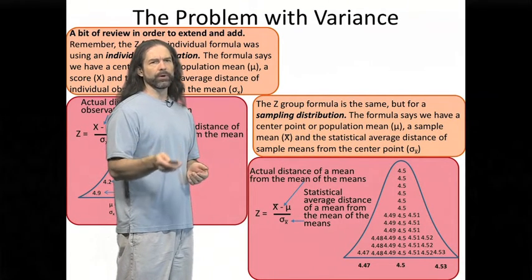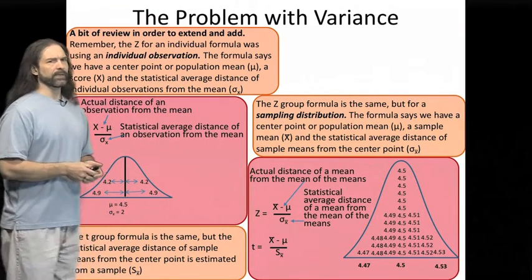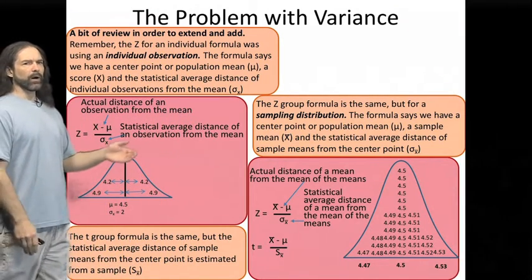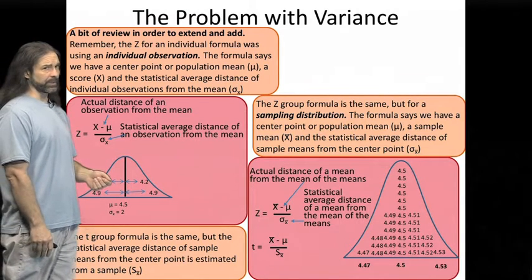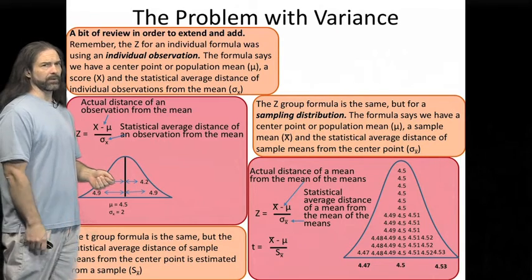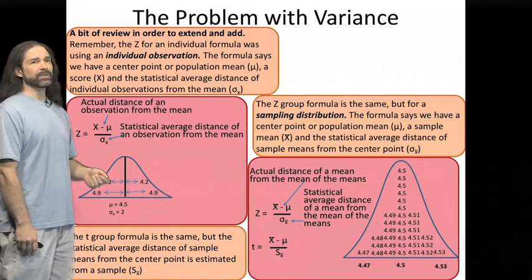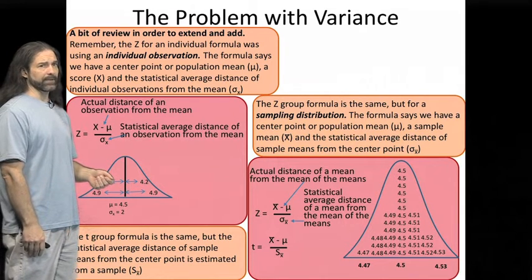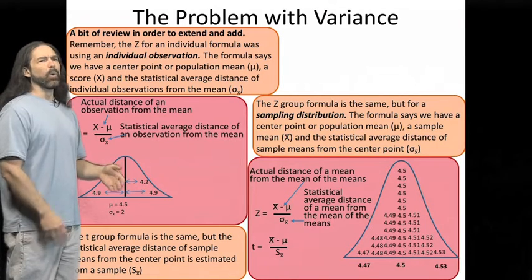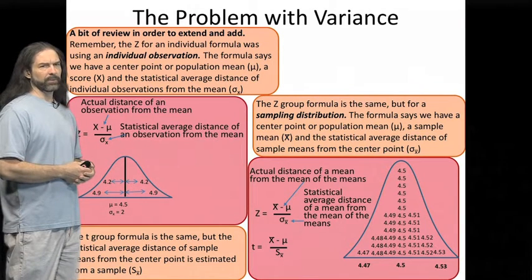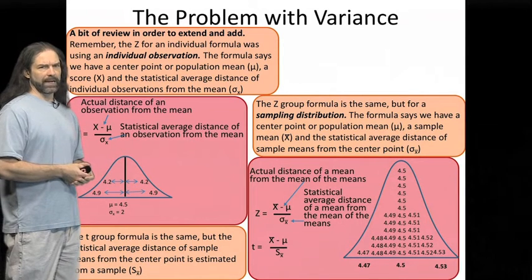As we moved forward to the t-test for a group, that was effectively exactly the same thing, but with the t-group formula, we did not know the population standard deviation to get to the population standard error. Therefore, we had to estimate it with the sample that we had. So we had x bar from the sample, and then we estimated what the population sampling distribution would look like based on the actual sample that we had.